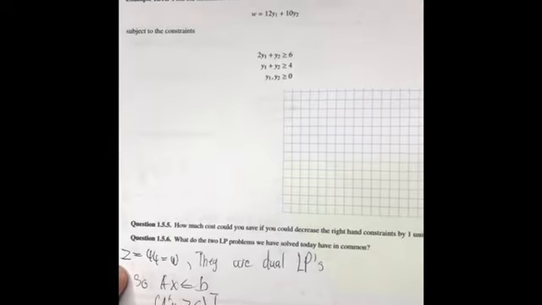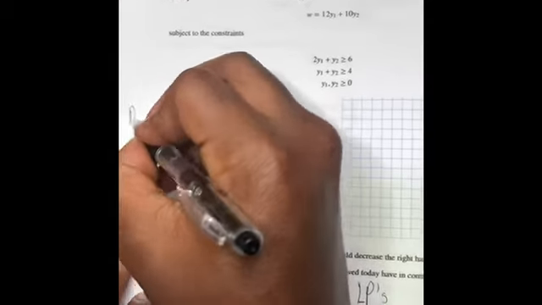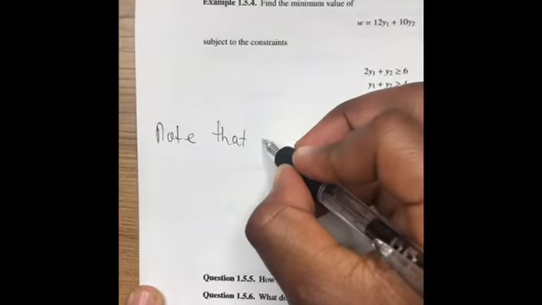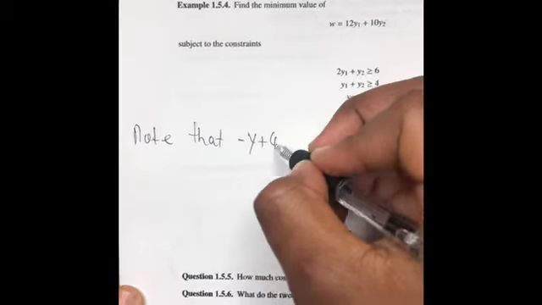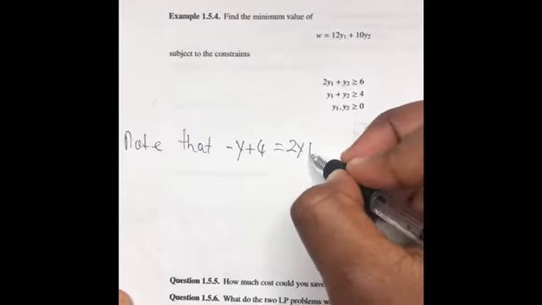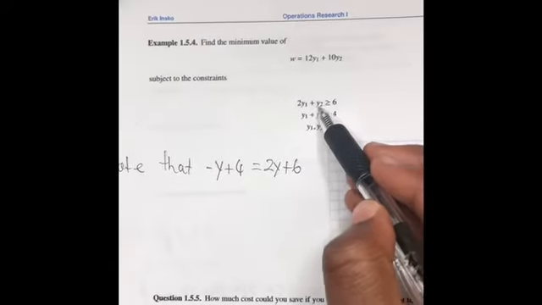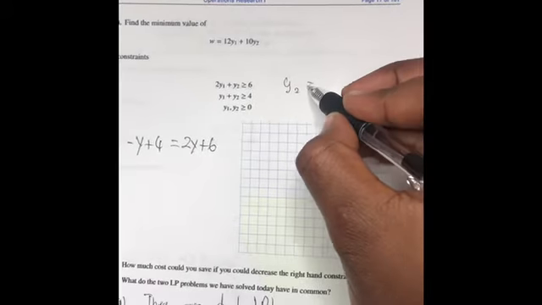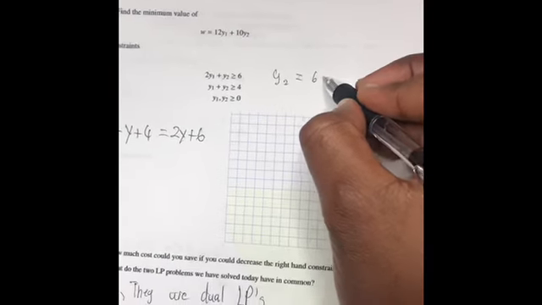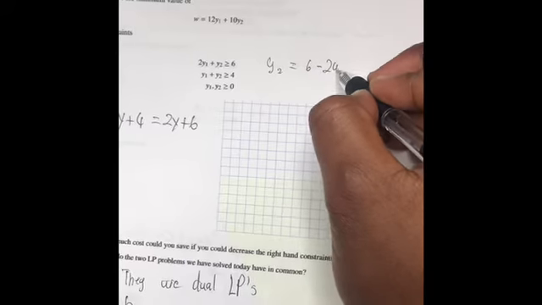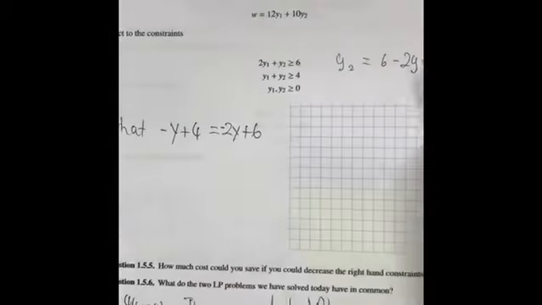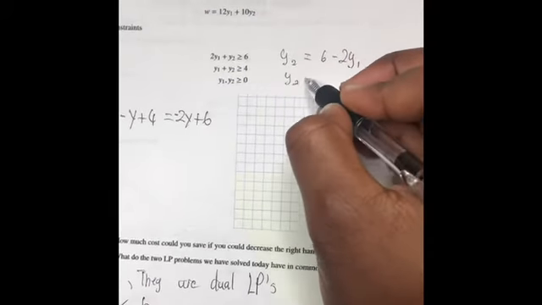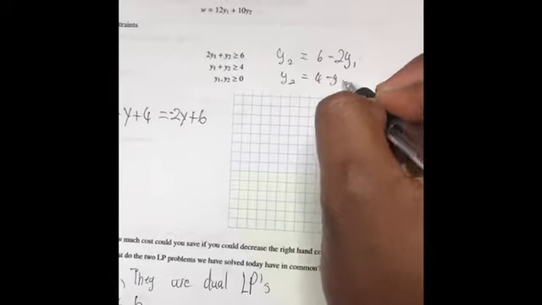Given that we're trying to find this graphically, we should note that negative y plus 4 is equal to 2y plus 6. This is given from transcribing these values, that y2 is equal to 6 minus 2y1, and y2 is equal to 4 minus y1.